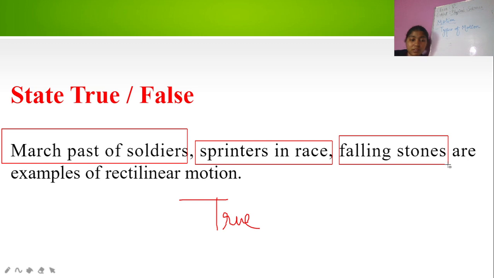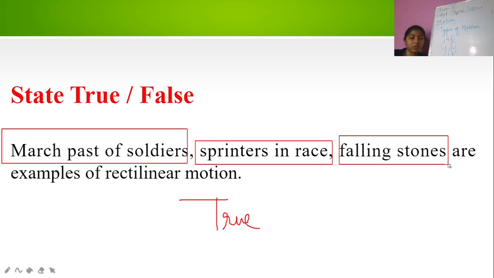Whenever a person is pushing a box or an apple is falling down from the tree, it is also experiencing rectilinear motion. So these are a few examples of rectilinear motion in our surroundings.